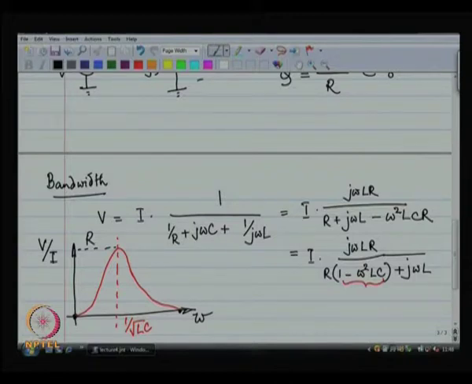Now, my question to you is, what is the bandwidth? I understand that I have a band pass characteristic centered around the frequency 1 by square root of LC, but what exactly is the bandwidth of this band pass characteristic?